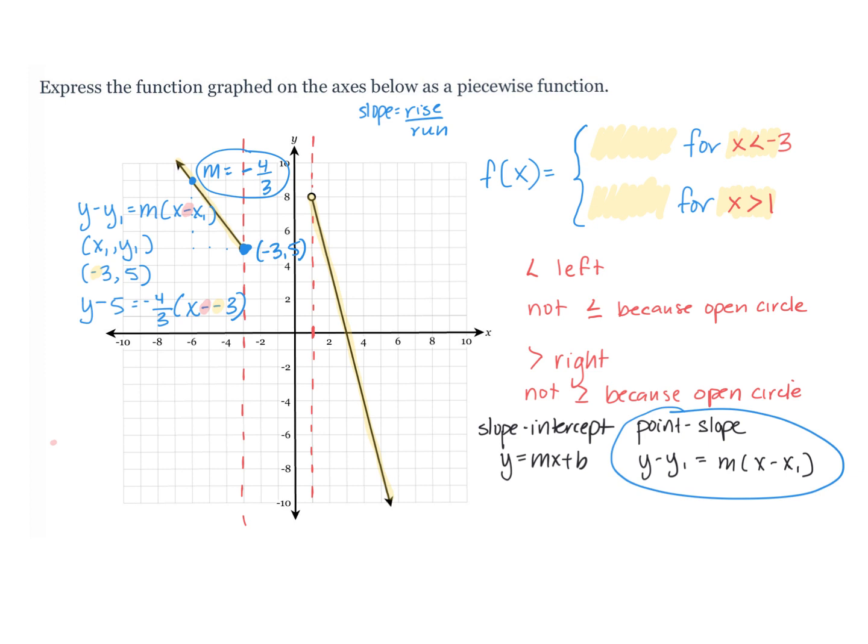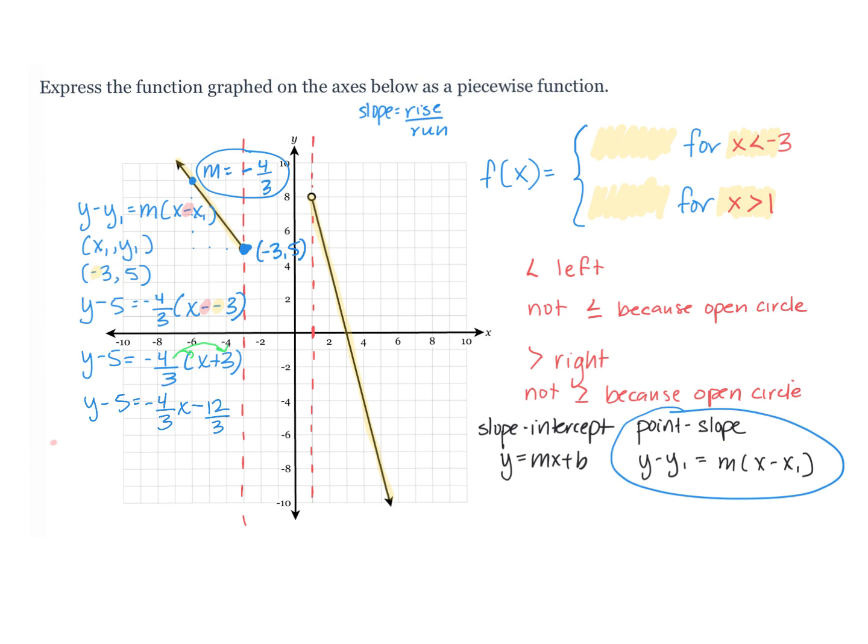So from here we need to simplify and solve for y. So I'm going to bring down the y minus 5. And then these two negatives, the red and the yellow negatives, are going to cancel and become positive. So x plus 3. Now I want to distribute this -4/3 to both of these terms. So this would become -4/3 x minus 12 over 3.